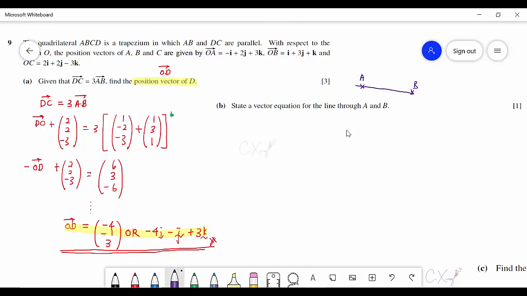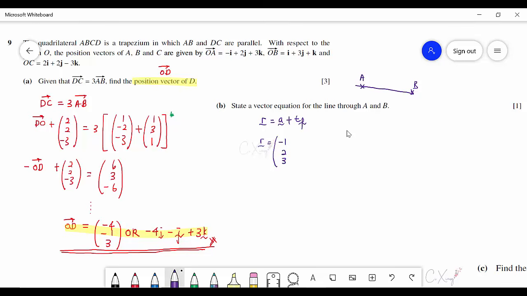Generally the formula will be r equals a plus tp, where a is the passing point of the line and p is the direction of the line. Since the line passes through A and B, you can use either OA or OB, up to you. What is OA here? OA will be (-1, 2, 3).